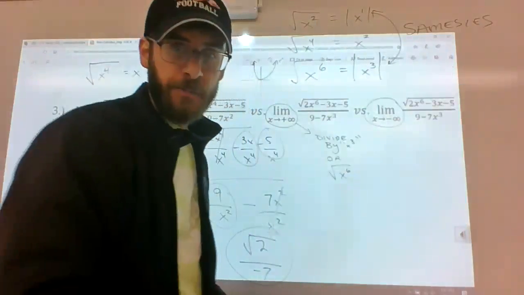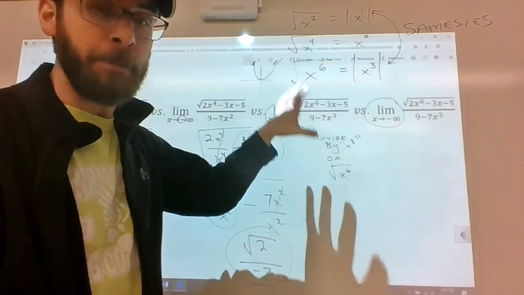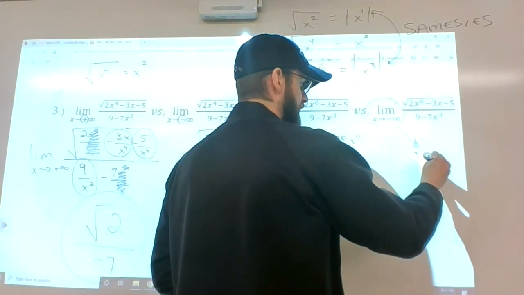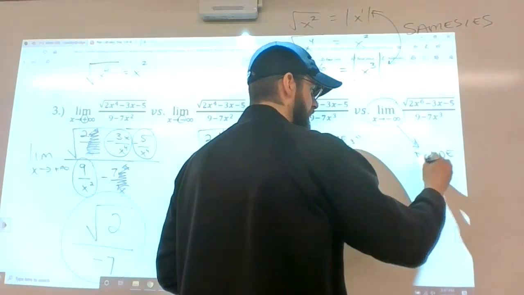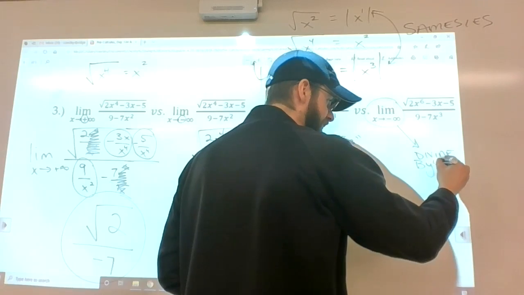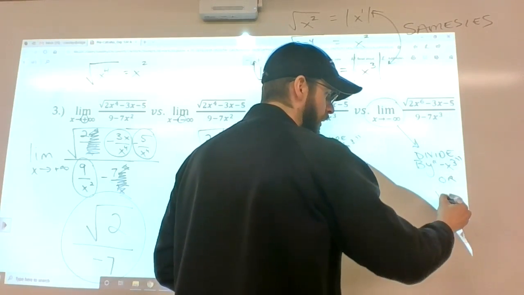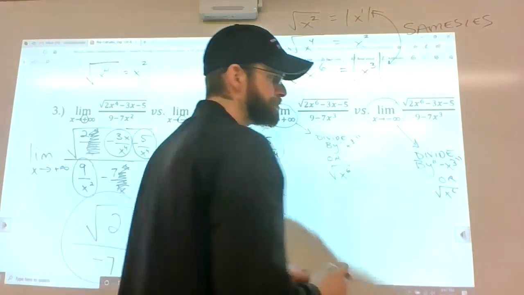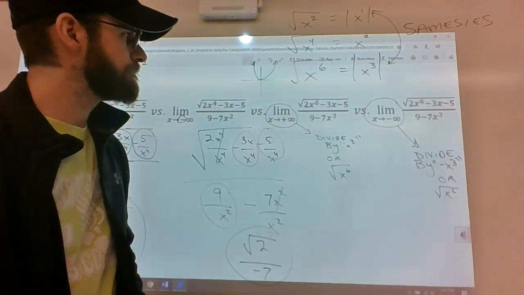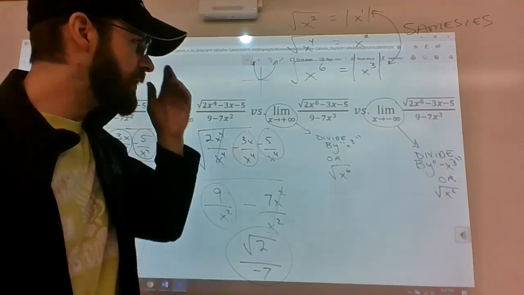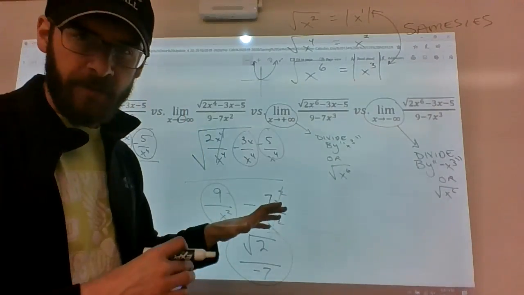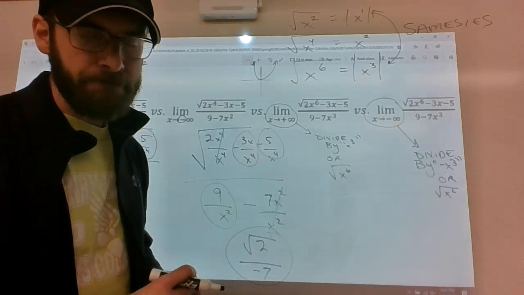When it's the limit as x approaches negative infinity, in this particular situation, you're going to divide by x cubed negative, or root x to the 6th power. So I don't know if I need to map that whole situation out for both of them for you. I'll do it.